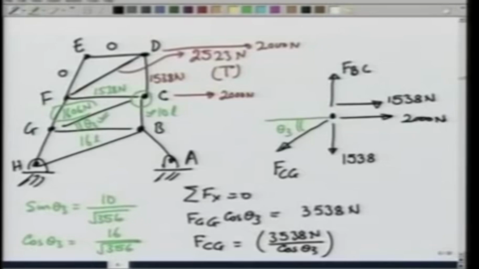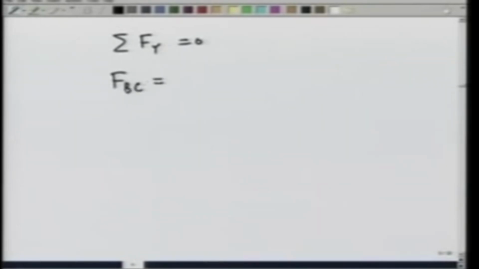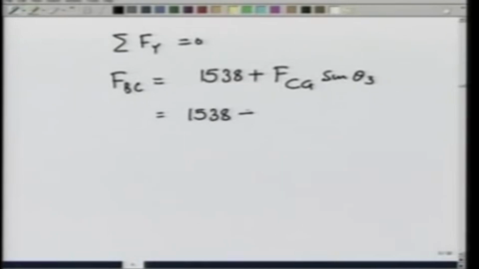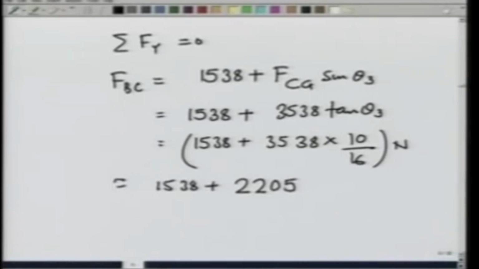Once I have known that, I can also calculate F_BC by saying that summation Fy equals 0, and that in this case gives me F_BC equals 1538 plus F_CG sine theta 3, which is 1538 plus 3538 tangent theta 3, which is nothing but 1538 plus 3538 times 10 over 16 newtons, which is approximately 1538 plus 2205, which is 3743 newtons, and is pushing point B up, and therefore this is compressive.